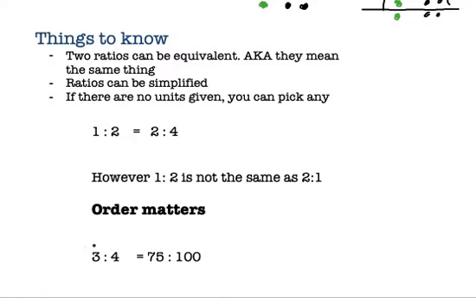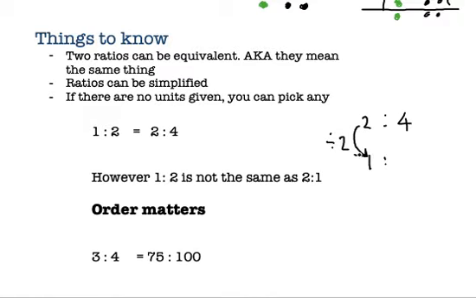I'll also quickly show you guys how to simplify the ratios actually. So let's start off with the top example because that's easier. Okay, so let me write out my more difficult one. Okay, now I like to make the ratio as small as possible. So I'm going to try to do 1 to something. Okay, how I get from 2 to 1, I can divide 2 by 2 and that gets me to 1.